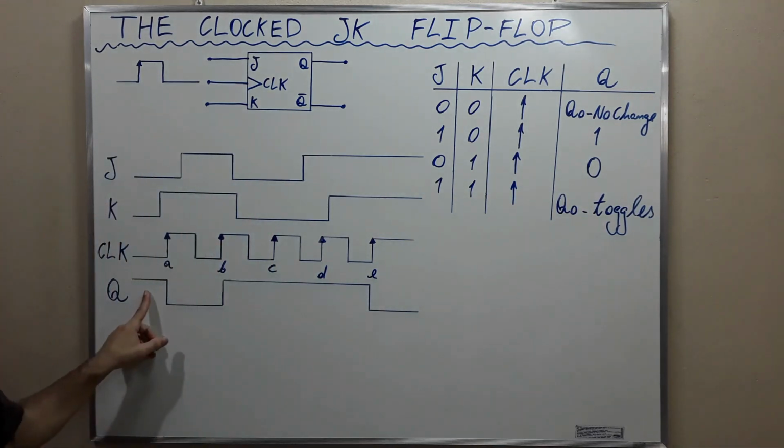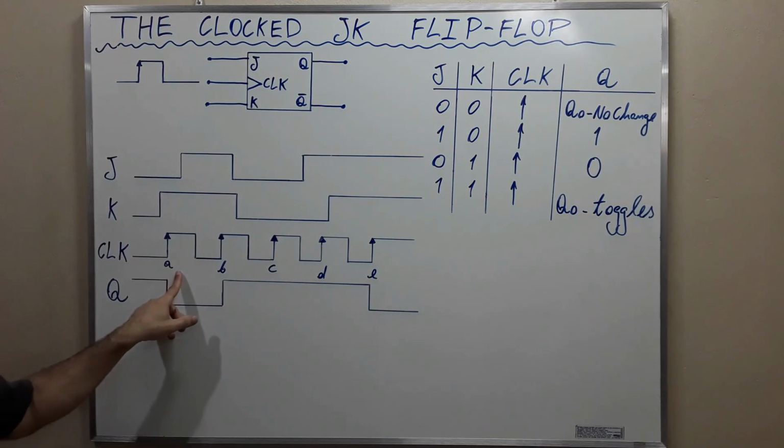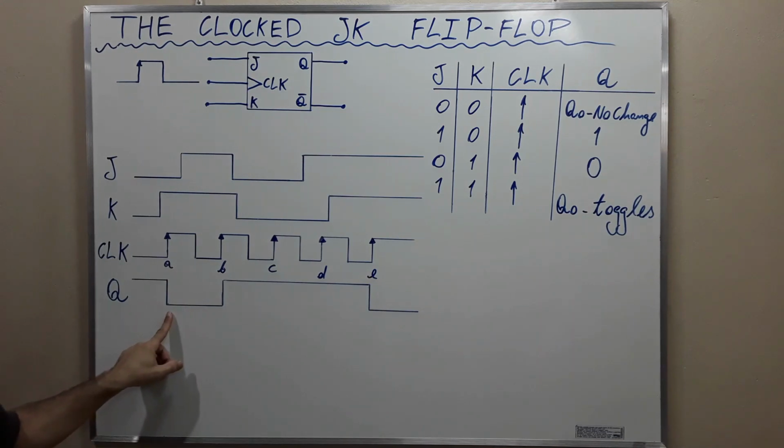If initially Q is 1, at the occurrence of the first positive-going transition of the clock, Q becomes 0.